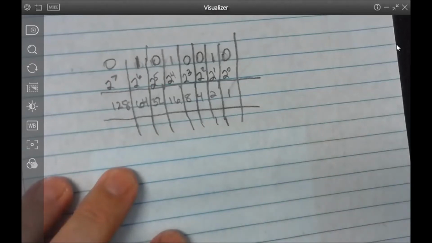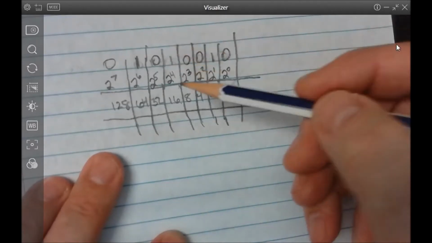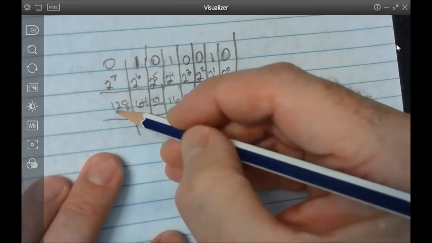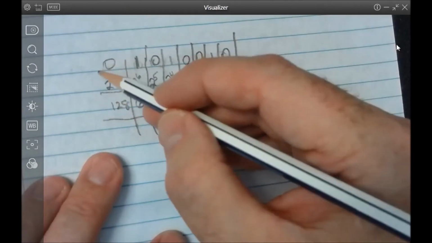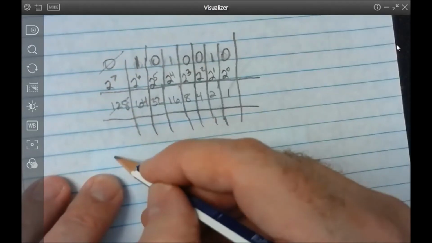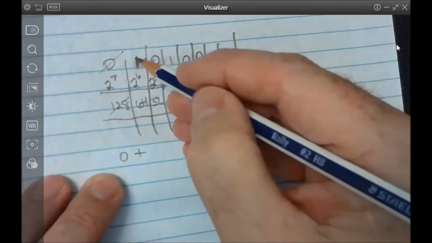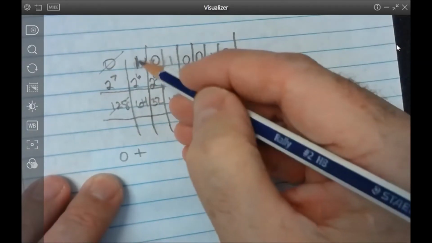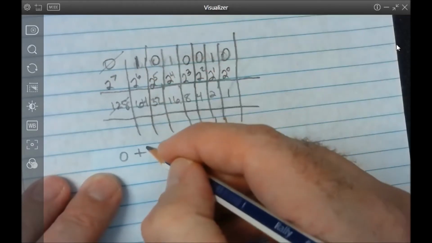In order to determine the value of a particular number, we've got to see where it's represented. For this one right here, it's an off position, or a 0, so there would not be a 128, so it's a 0 plus. This one is an on position, or a 1, so that would be a 64.